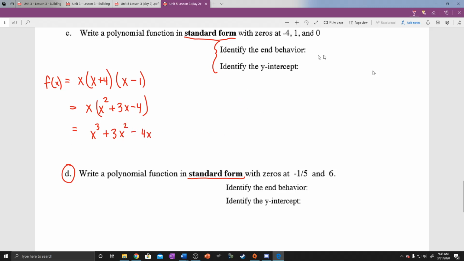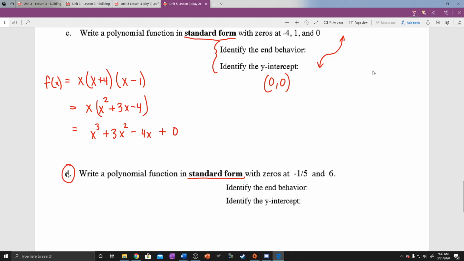So this would be end behavior. It would be like this: it's a third degree polynomial, so it's going to be down, up, and it has a positive leading coefficient. And the y-intercept is actually, think about this, if you just add that linear term of 0, which doesn't affect it, the y-intercept is 0, 0, and this is the end behavior.